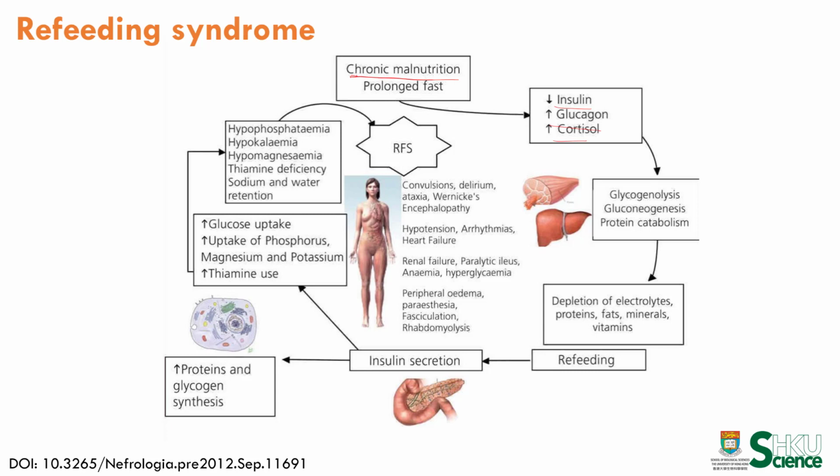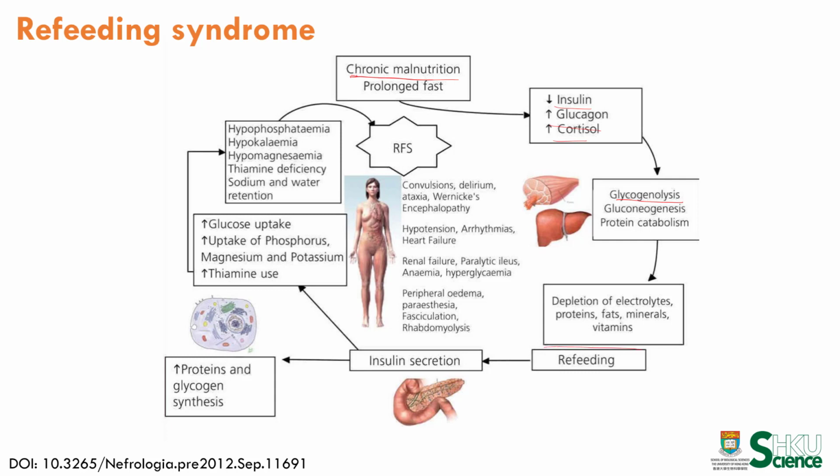The change in these hormones will lead to changes in glycogenolysis, gluconeogenesis, and protein catabolism to supply glucose for energy. It would deplete electrolytes, protein, fats, minerals, and vitamins.